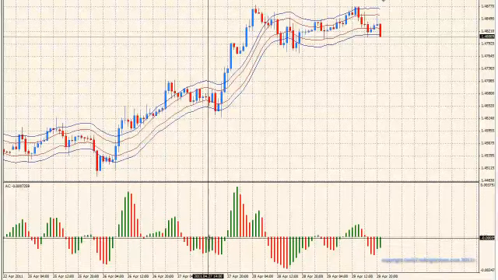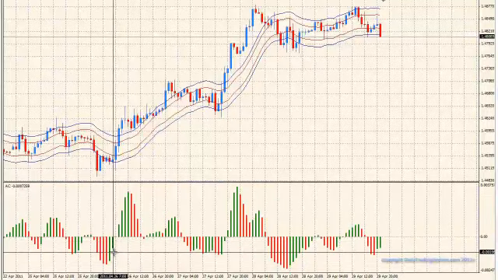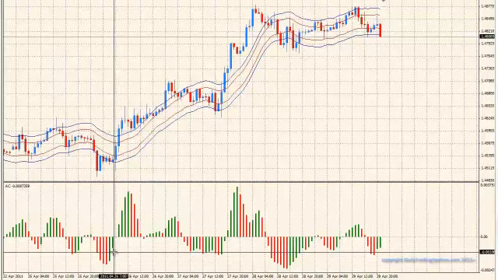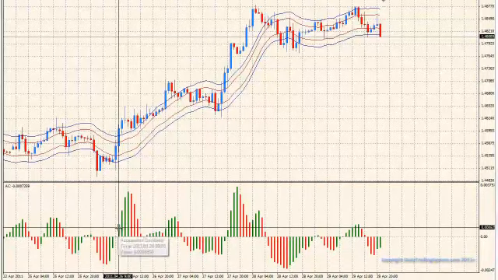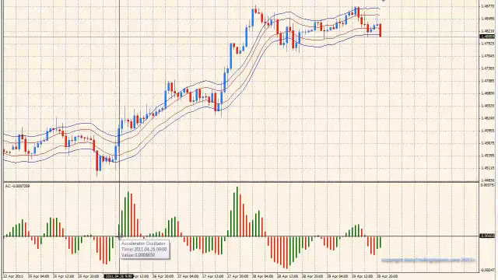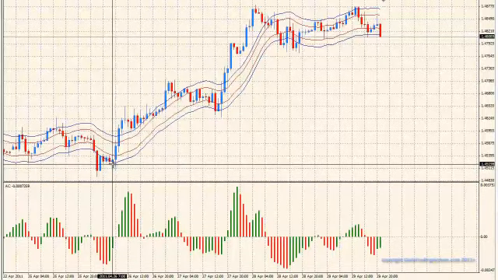Anytime you see these green bars come below it, give yourself a heads up that this might not turn out to be a profitable trade, or you might not get much out of it. When the bar on the accelerator oscillator goes above the vertical scale and lines up with the close, that's a pretty good trade.